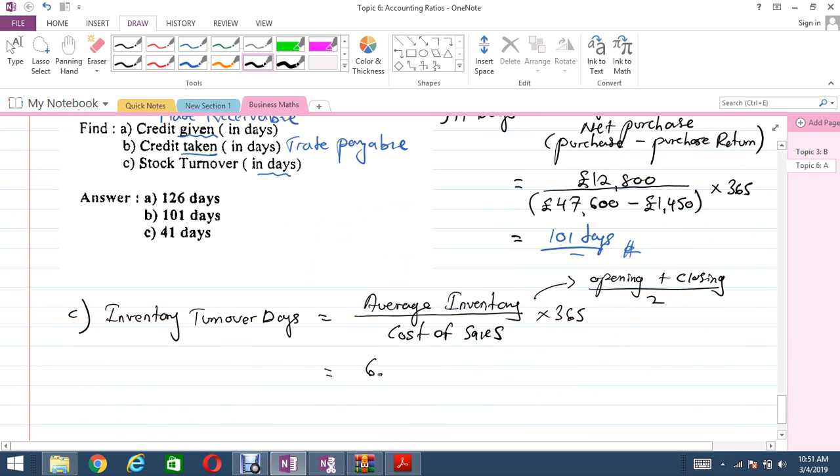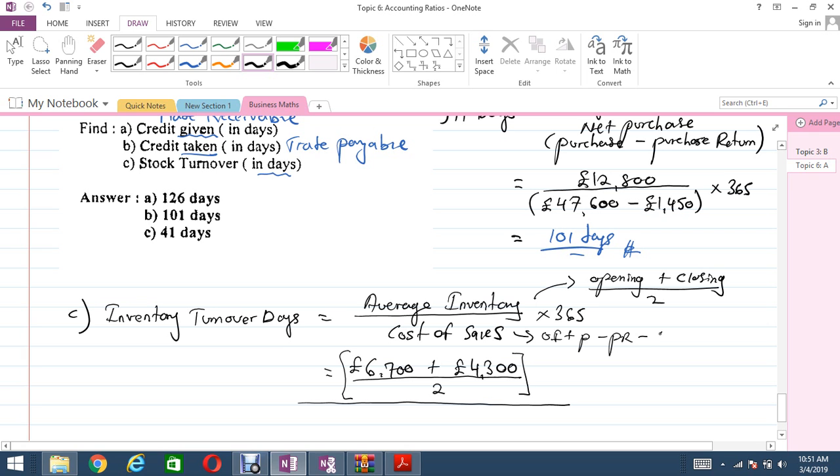So you have 6,700 plus 4,300 divided by 2. And your cost of sales is opening inventory plus purchase minus your purchase return minus your closing inventory.